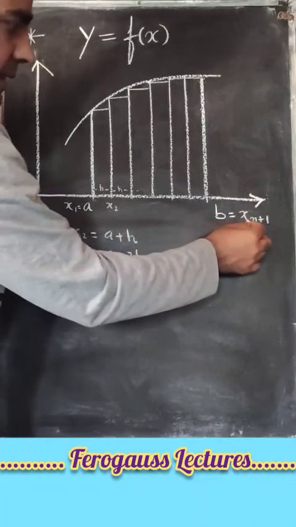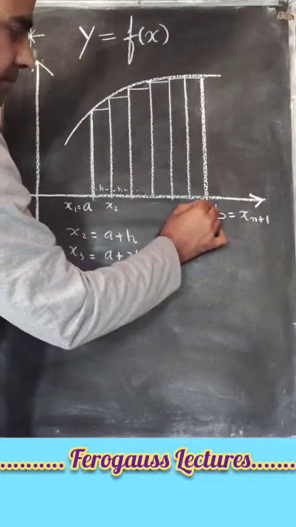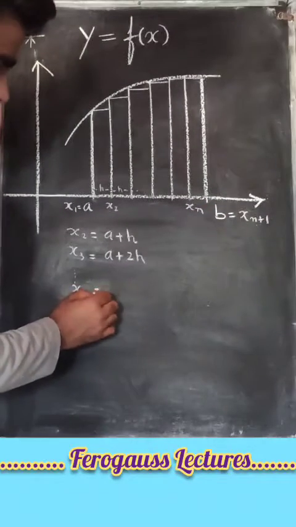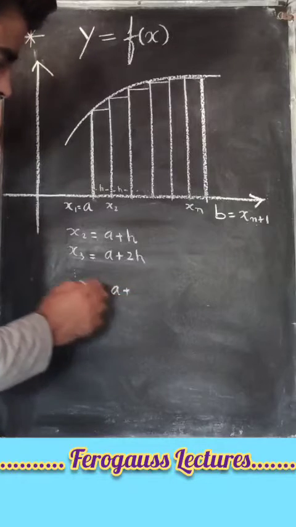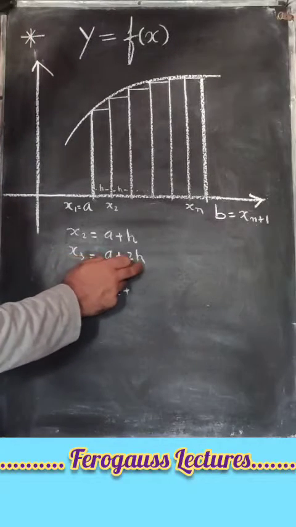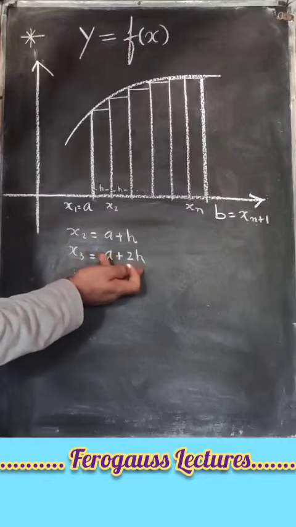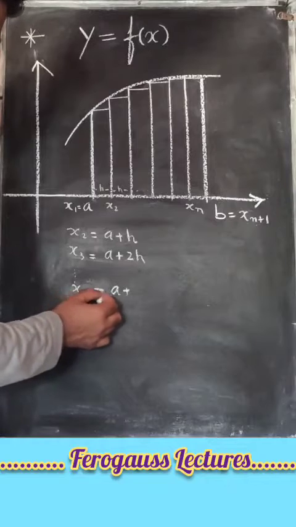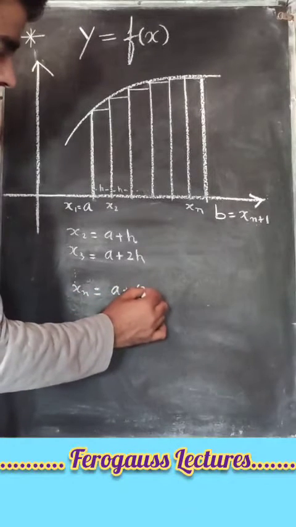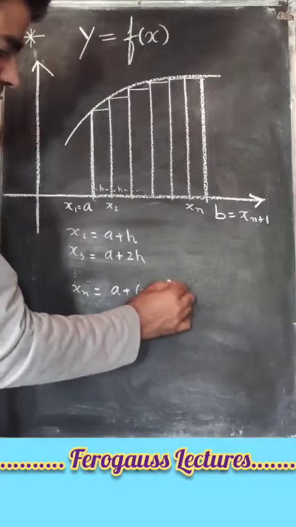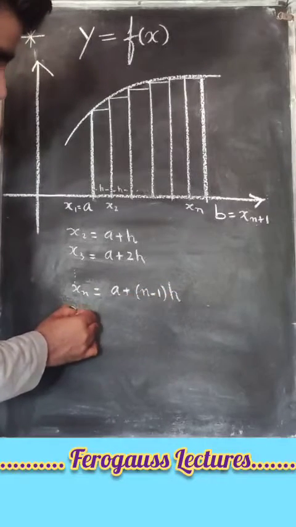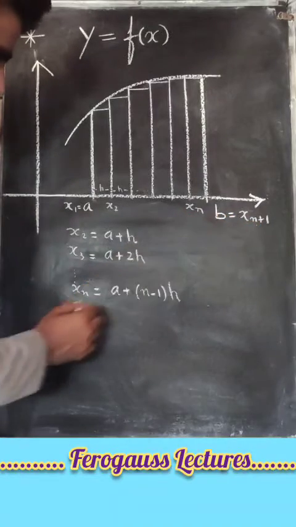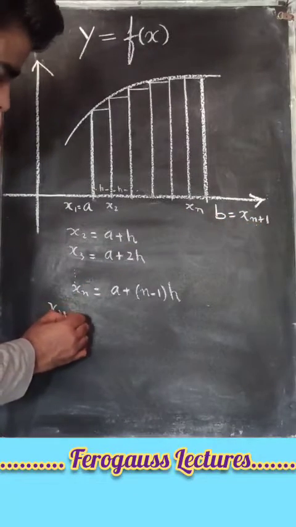Similarly, if it is x(n+1), that means this is xn. In case of x3 we have a plus 2h, that is 3 minus 1, and here it is x2, it is a plus 1h, that is 2 minus 1. So in case of xn, we can write it as a plus (n minus 1)h, and x(n+1).